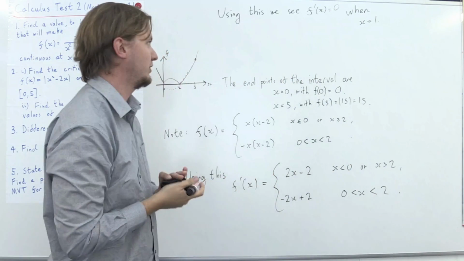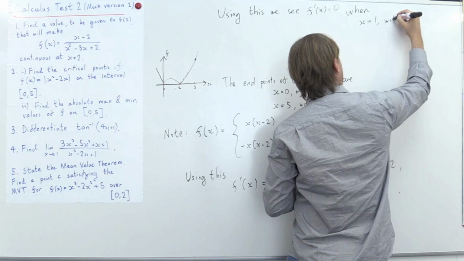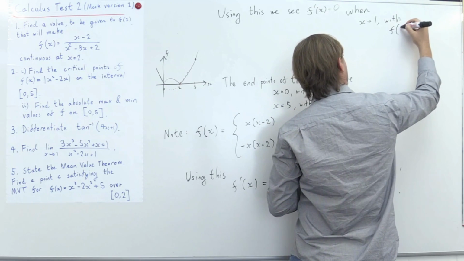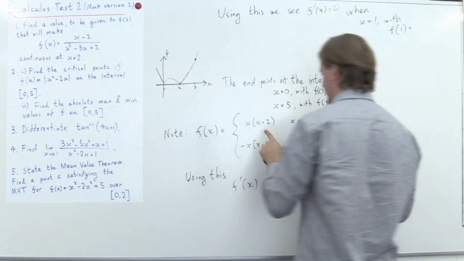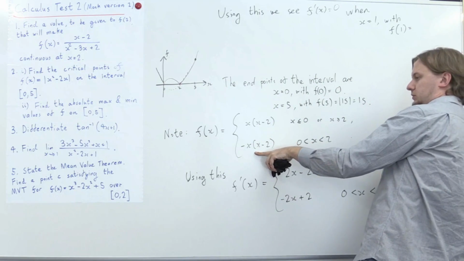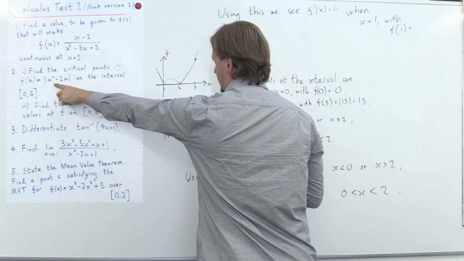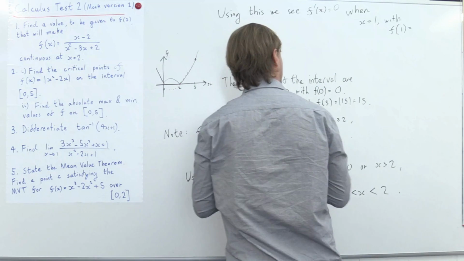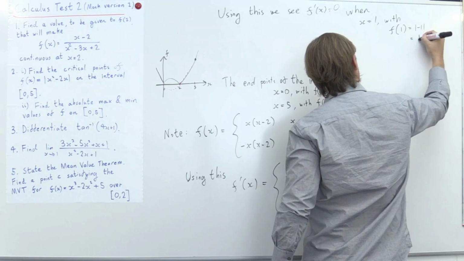So there's a stationary point at 1. And I'm just going to remind ourselves that if we plug f of 1 in, this is going to be this formula here, or we can get back to this, it might be a bit easier. It's 1 squared minus 2, that's minus 1. It's the absolute value of minus 1. It is equal to 1.